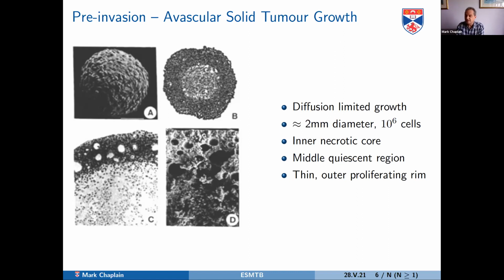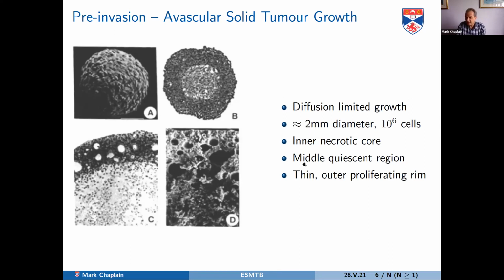The dark cells are live proliferative cells, and the cells in the middle that are lighter, these are necrotic cells, and they've died because the level of oxygen in the center of the tumor has fallen below a viable threshold, and so they're necrotic. And so there's a balance between cell birth and cell death, and this reaches a sort of steady state level at about a few millimeters in diameter.